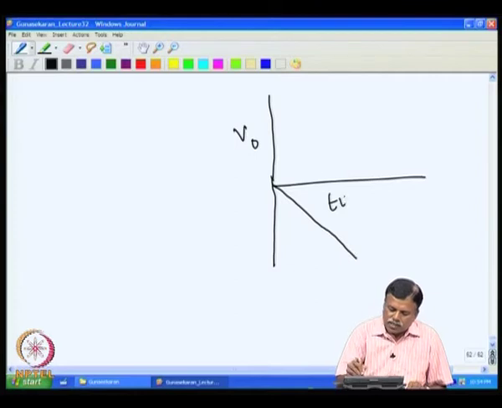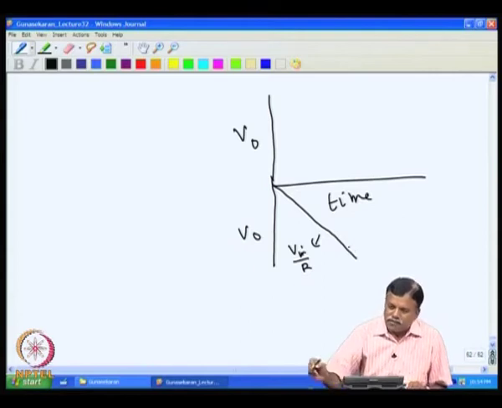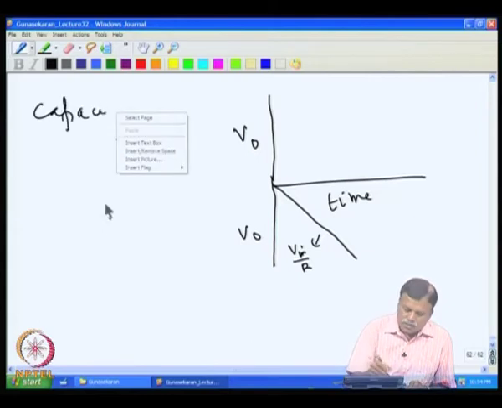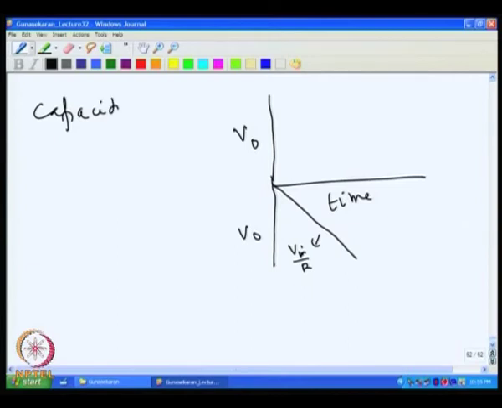So, this is the time and this is the output voltage. In the minus side it is increasing, and this slope is determined by the current, essentially V in by R. If we write the equation for capacitor voltage, it can be obtained by Q is equal to IT.